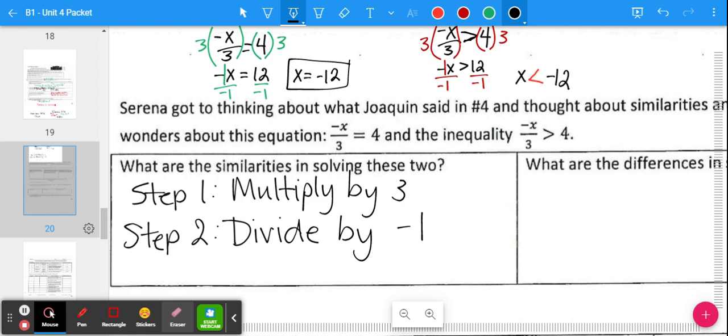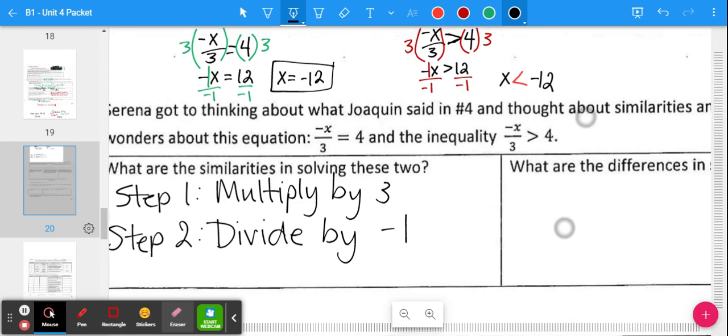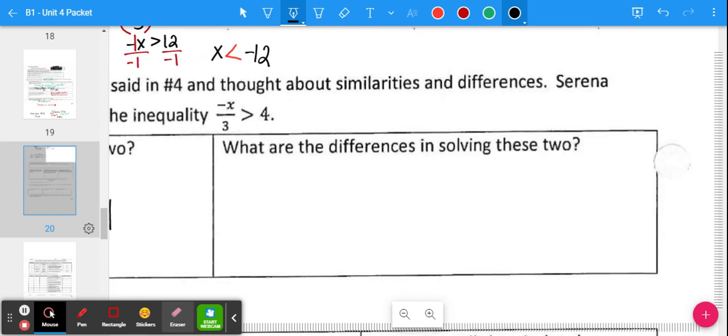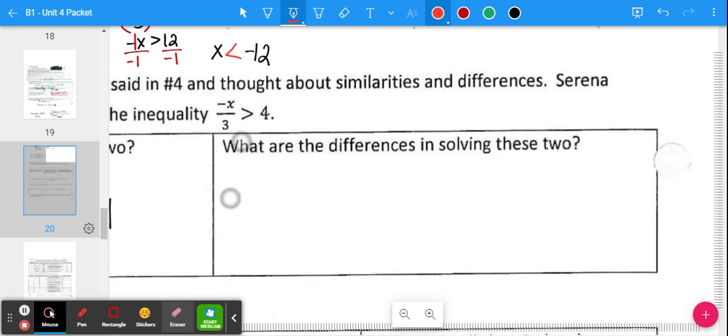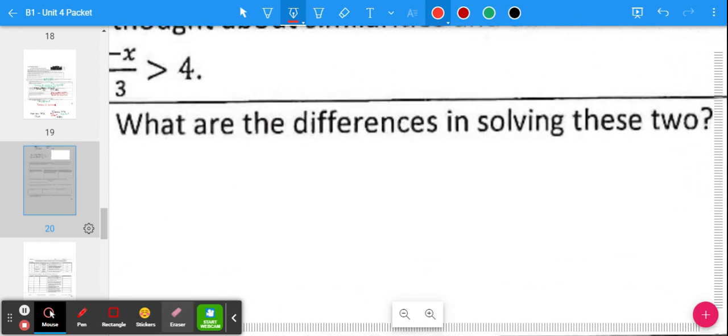But something that's different is on the equation, there's nothing you have to flip around. For the inequality, you do have to flip the inequality symbol when you multiply or divide by a negative. So that's something different that you have to do for the inequality.